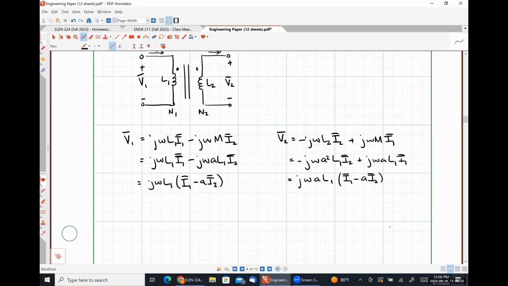So what does the ratio of V2 to V1 give us? a.